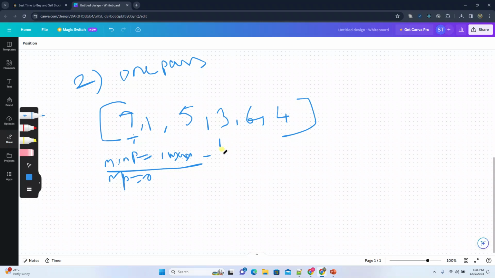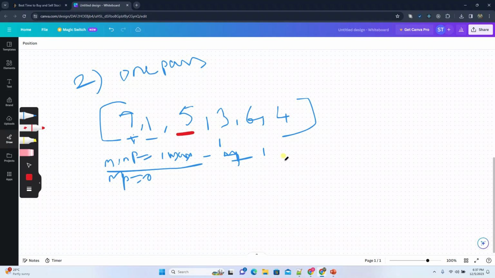When I position is here, the minimum price will be 7 now, because this is the starting point. When we move to the next position, we see this price is less than the minimum. Yes. So the minimum value will become 1. The minimum value is 1, and the maximum profit is still 0.